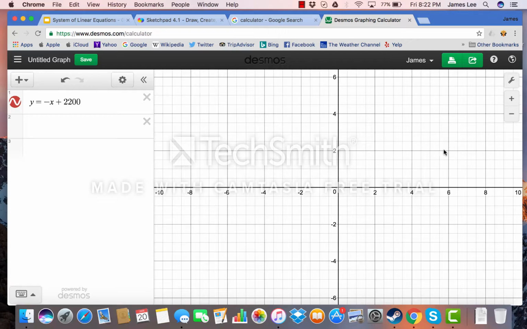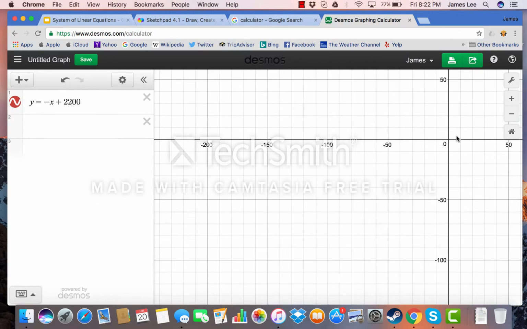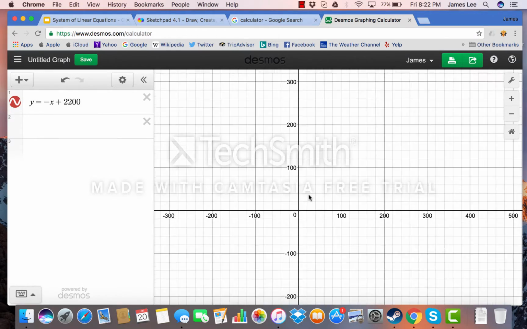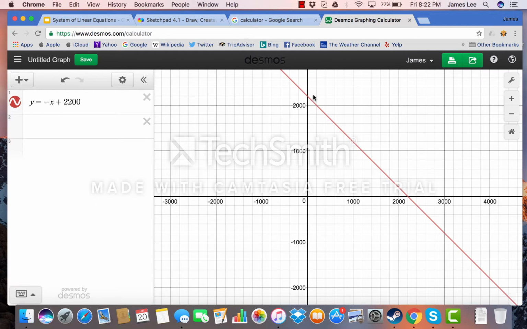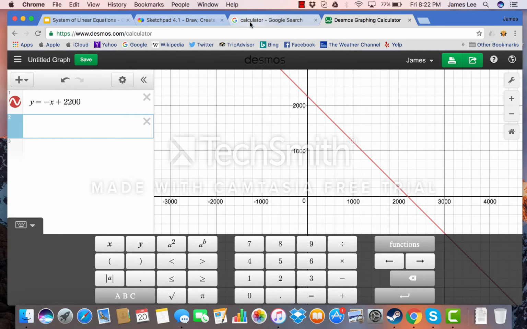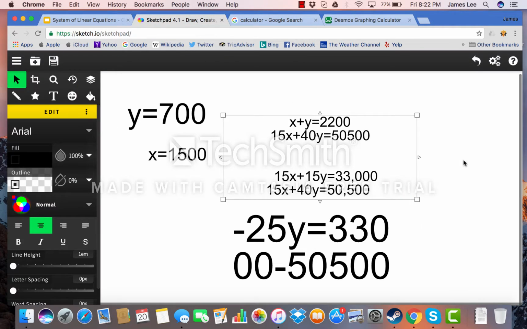We can zoom out to look at this function right here. Now, the second function is going to be a bit complicated. What we have to do is put 15x on the other side and divide the whole equation by 40.